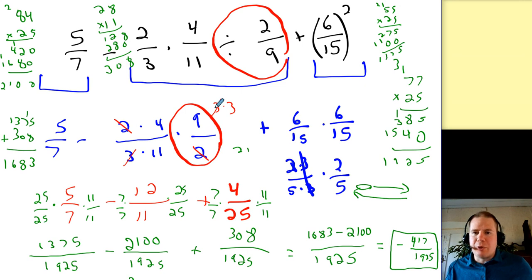Right? So there's my 3 times 4 to get the 12 here. I'm dealing with this multiplication completely separate from this multiplication. This term is independent of this term. I don't care that this denominator is 7 and this denominator is 11 until I get down here, and now I'm adding or subtracting, and then I need to have the same units. So there's order of operations with fractions. You're welcome.